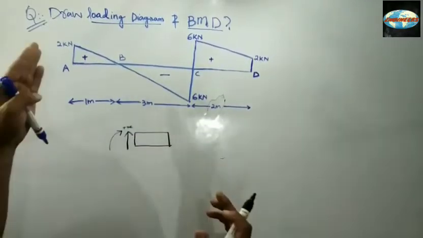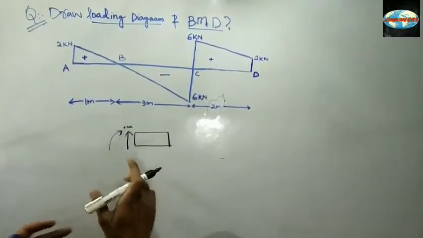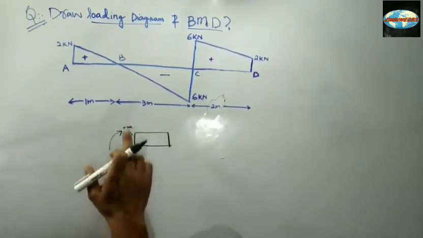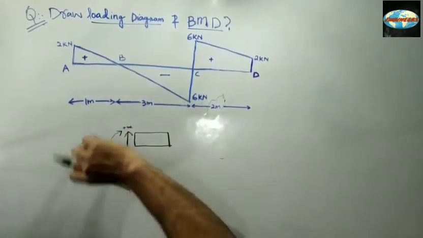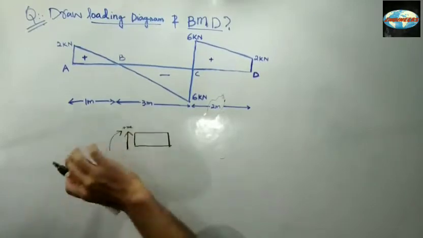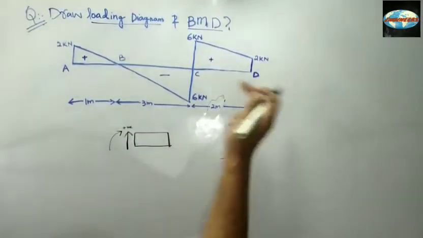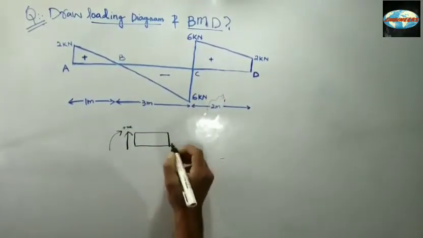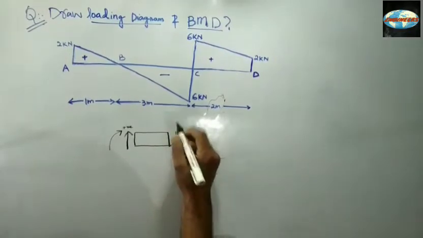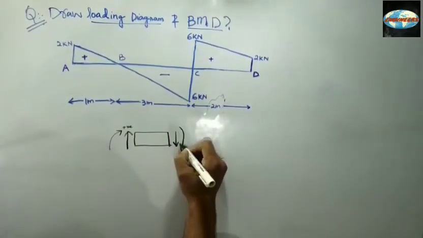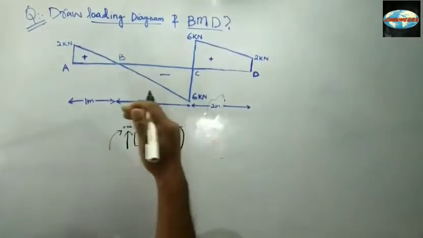If you are encountering this direction of force, you take it positive, or the clockwise direction of moments, take them positive. And if you are analyzing from the right hand side, then take these directions of forces as positive, and this direction, that is anti-clockwise moment, as positive.